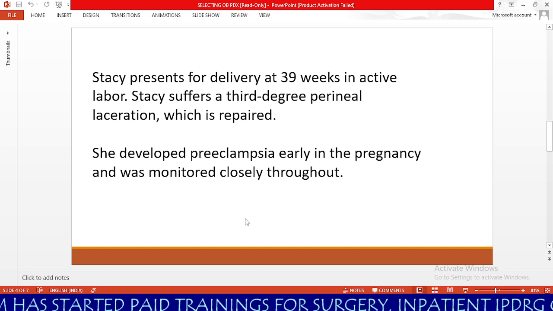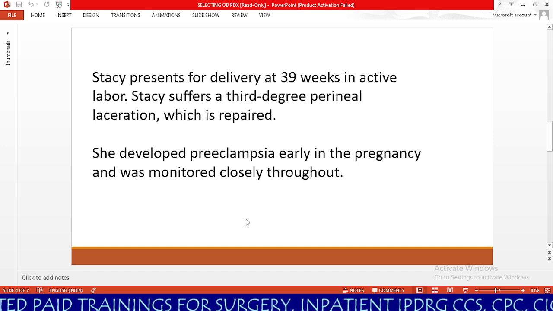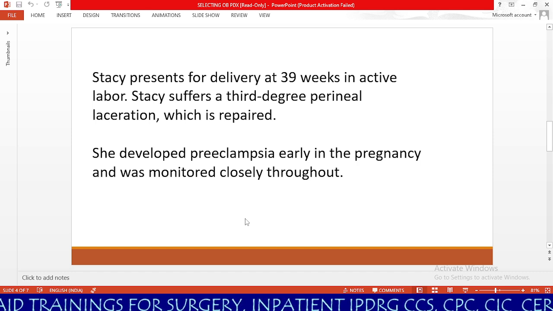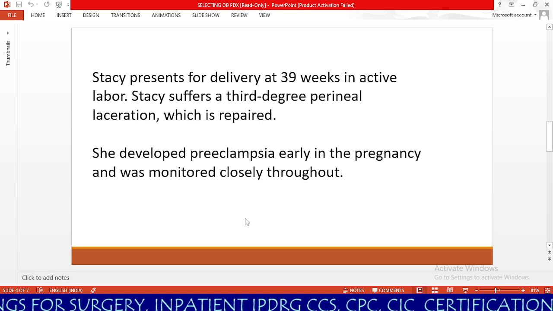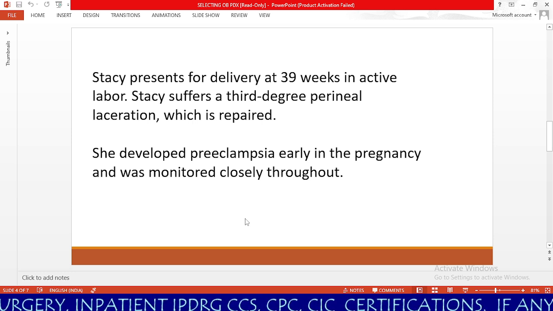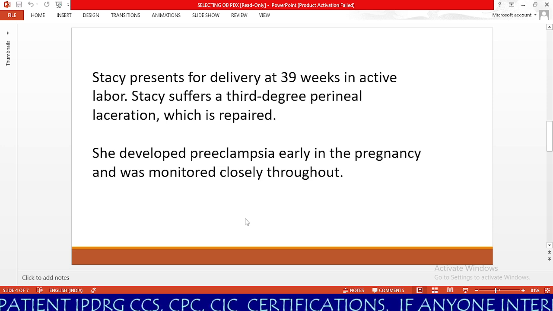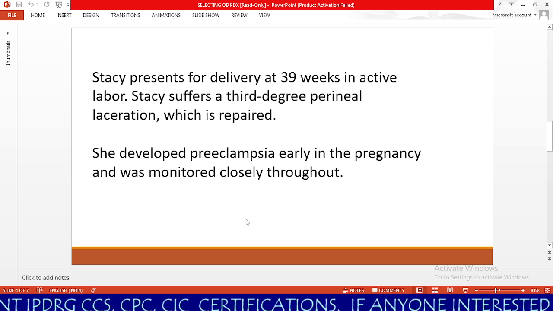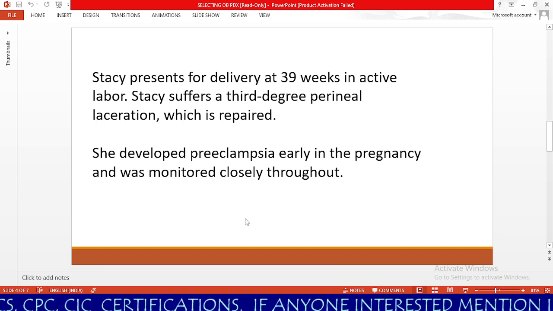Why preeclampsia as the PDX? Basically here Stacy presents for delivery, and she has developed preeclampsia. So the PDX will be preeclampsia, and Stacy has a perineal laceration during the delivery. Here our first condition is preeclampsia, so we need to code preeclampsia as the PDX.